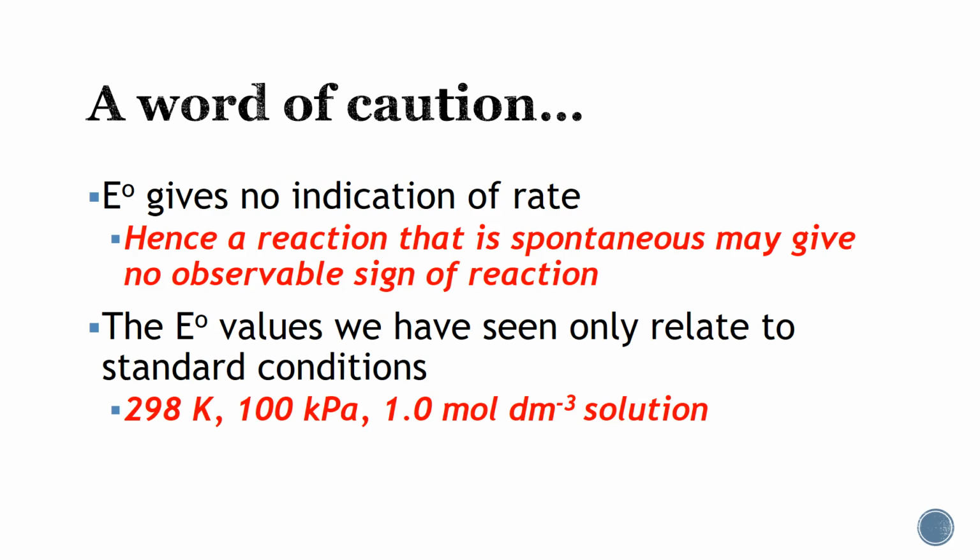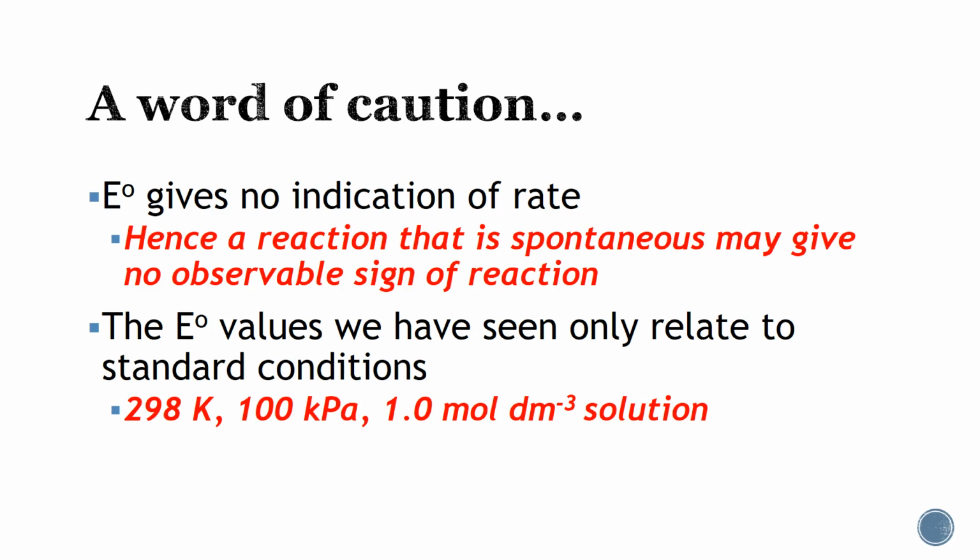Just a quick note, and I know a couple of you have already started to realize this and there've been some questions about it. The E0 value, or the position on the electrochemical series, gives us no indication of rate of reaction. It tells us that the reaction will be spontaneous, but it doesn't tell us how fast the reaction will be. So it could be a spontaneous reaction, but it may only occur in a few molecules per every hour, and therefore we wouldn't be able to observe that change in a short period of time.